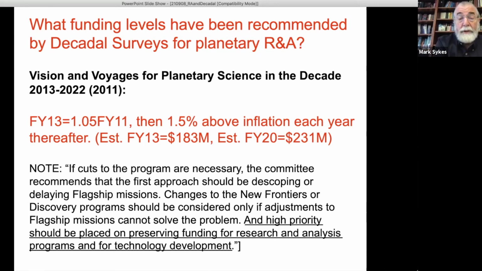And the result was very clearly that the number one priority for people was that the RNA program should be preserved. The second priority was Discovery. The third priority was New Frontiers, and the fourth priority was flagships. And it was interesting because I got to watch in real time as people were trying to skew the results.